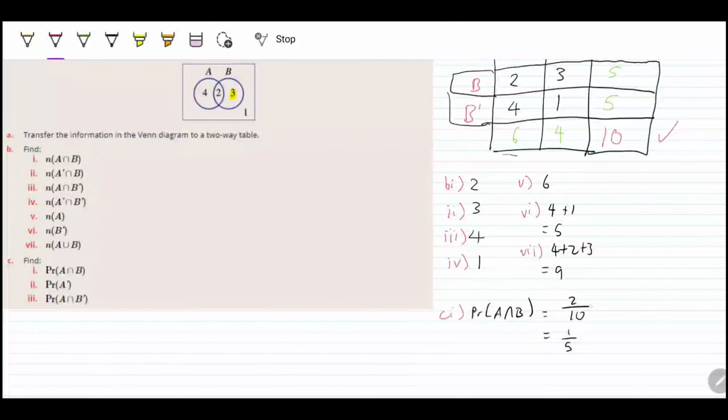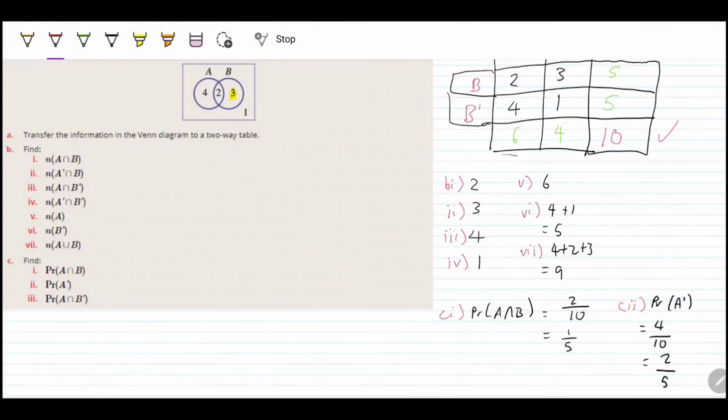In part C(ii), this is asking us for the probability of everything that is not A, and that's going to be equivalent to 3 plus 1, so that'll give us 4 out of 10. We can simplify this to 2 over 5.